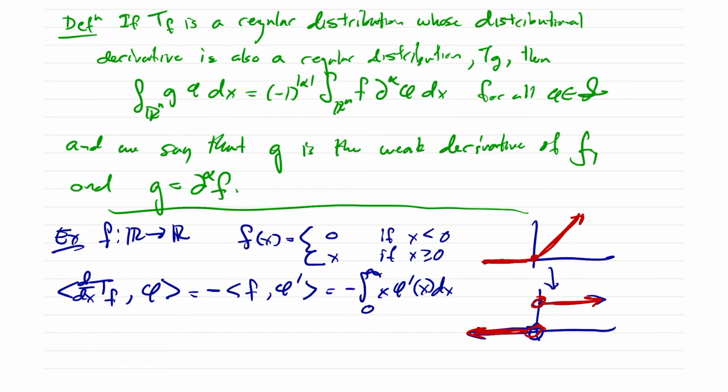And if we do integration by parts again, we're going to have the integral of phi of x dx from 0 to infinity, which is the same as if we multiplied phi of x by h of x times phi of x dx, where this is h of x.